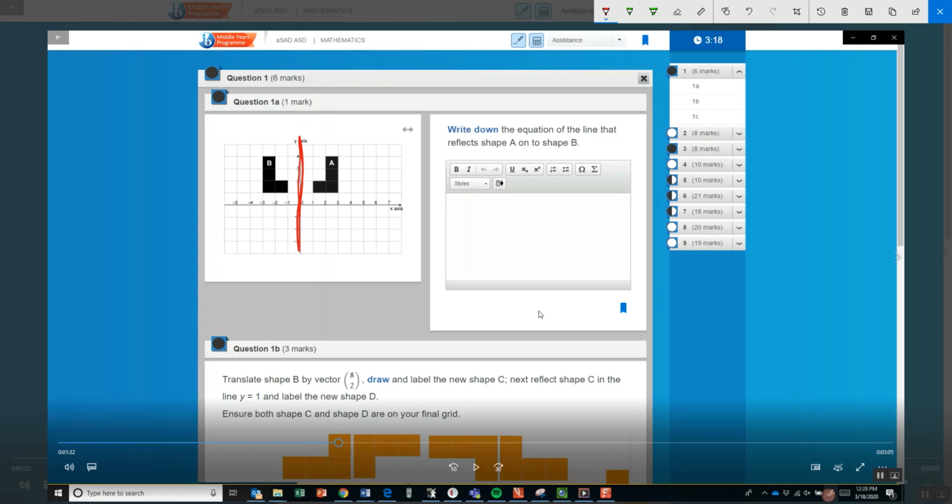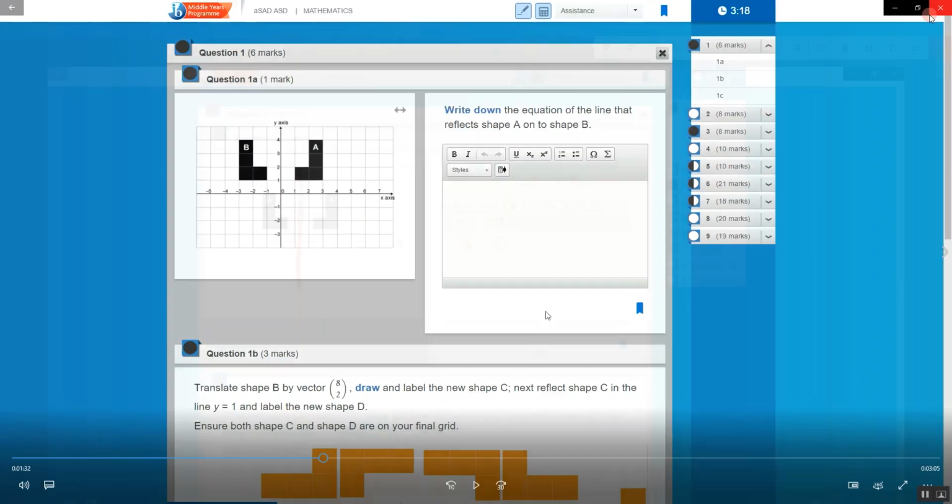These are both 2 away from the line. So imagine if I put a mirror right here, this is going to reflect over onto there. So our answer for this would be x equals 0. Make sense?